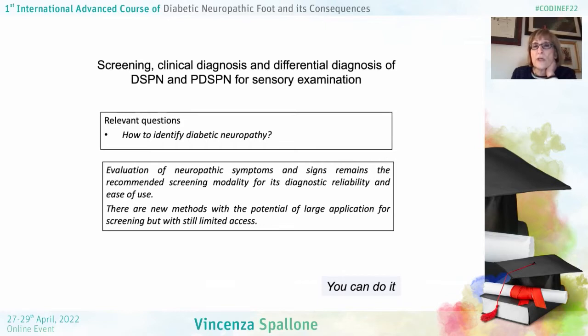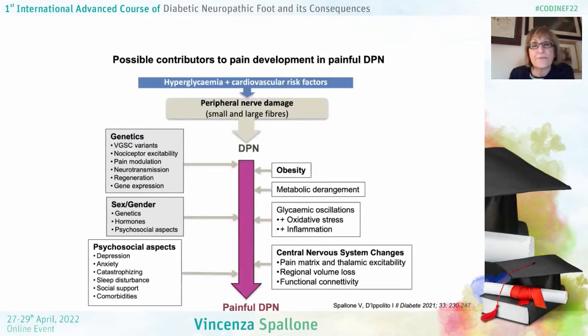So evaluation of symptoms and signs remains the recommended screening modality for its diagnostic reliability and ease of use. There are new methods with the potential of large application, but with still limited access.